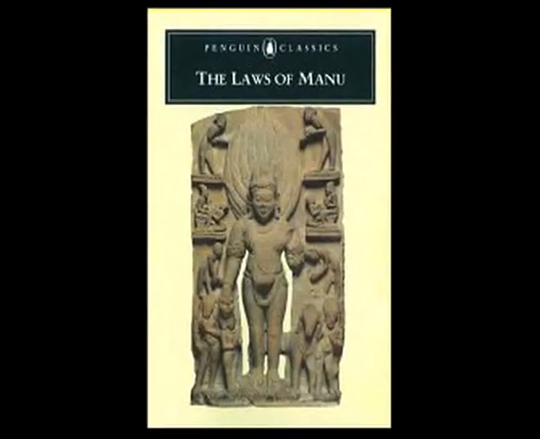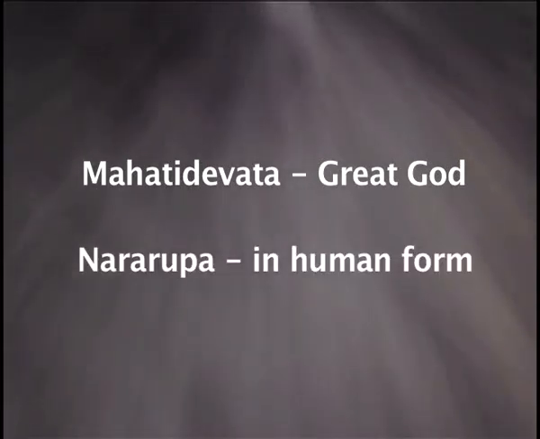This is remarkably parallel to the famous dictum of the Manu Samhita that even an infant ruler could not be disobeyed because he is verily a great god, Mahate Devata, standing in human form, Nararupa. So there is a remarkable parity between the claim of divinity in theoretical treatises and the practice of the claim of divinity by several rulers.